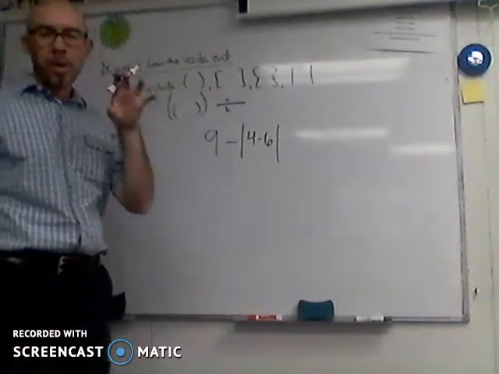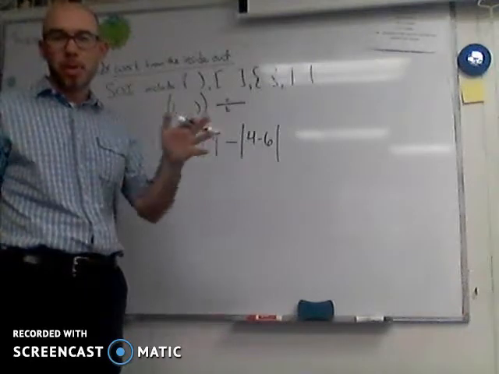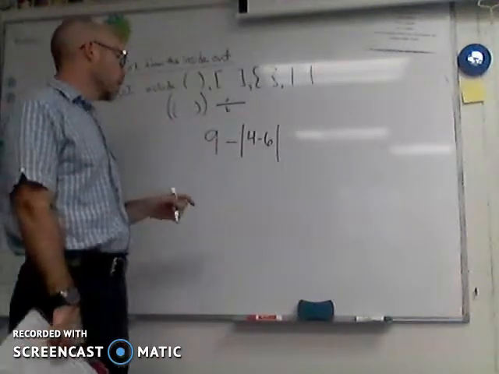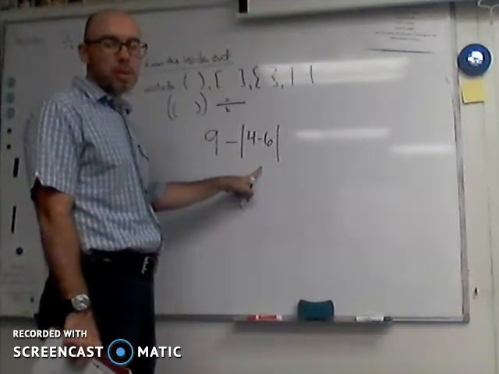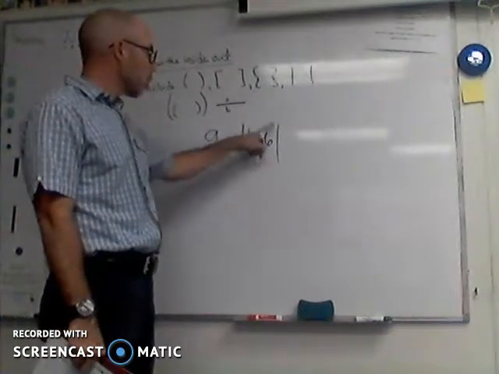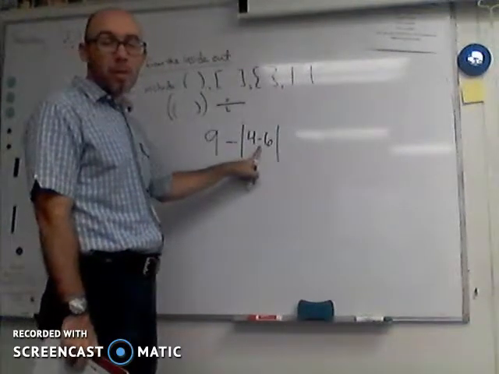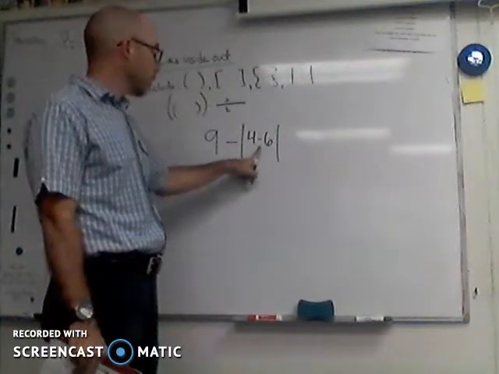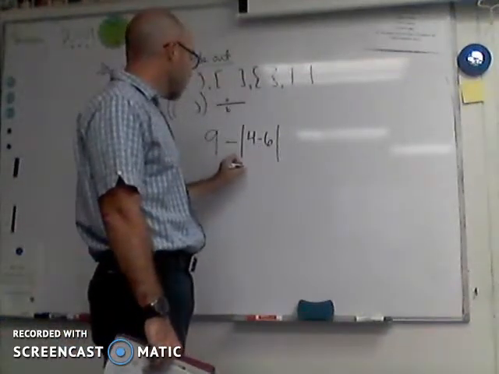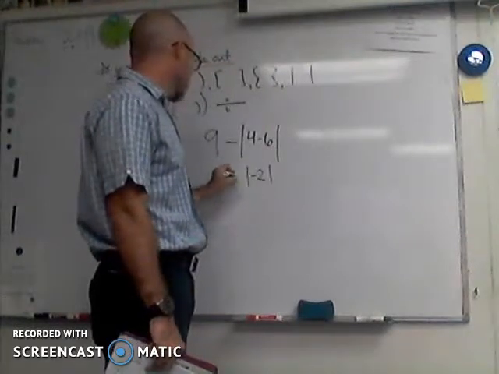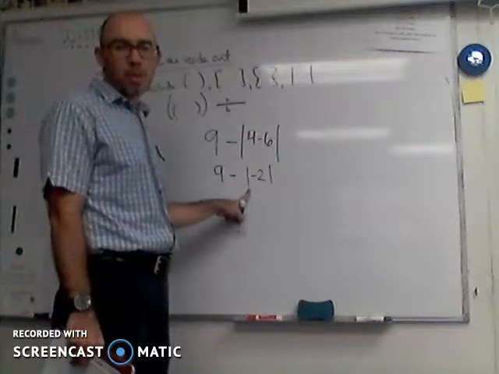We want to group little problems and solve them first before we put it all together for our final answer. The little problem is right here inside these symbols of inclusion, the absolute value. So it's asking you to first solve 4 minus 6. You do it by hand or on your calculator, and it'll tell you 4 minus 6 is negative 2.